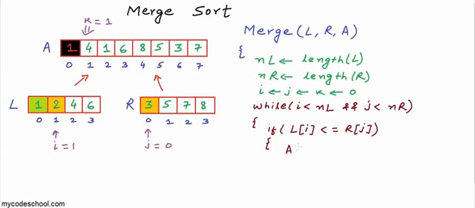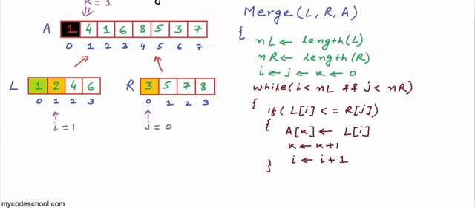In this case, at kth position in A, we will write Li. Remember, we are overwriting A, and that's not a problem. And now I need to increment k, to go to the next position, and I also need to increment i to go to the next unpicked in L. And if this condition is not true, if Rj is less than Li, then Ak will be Rj.